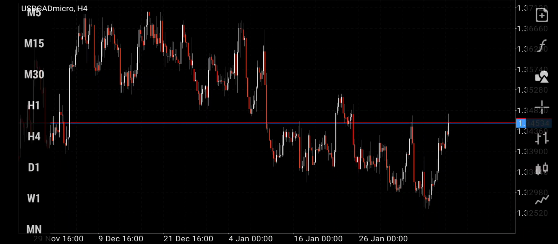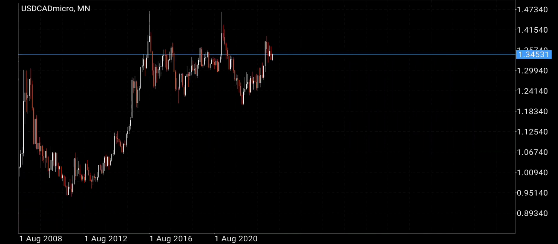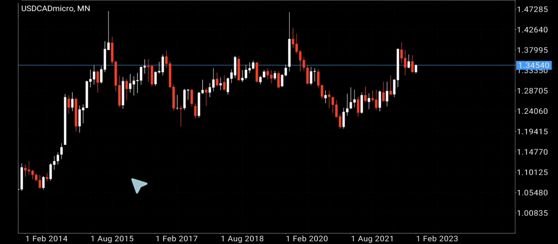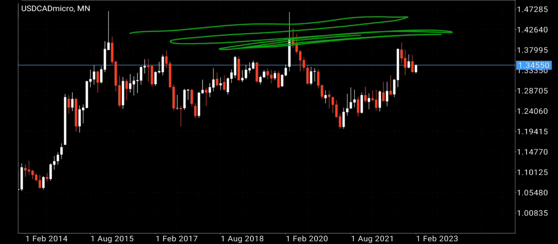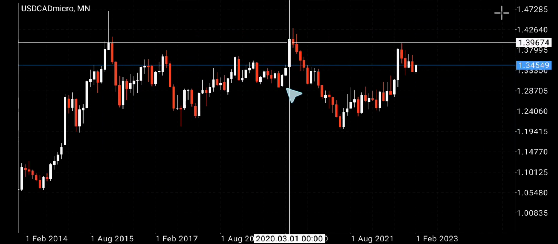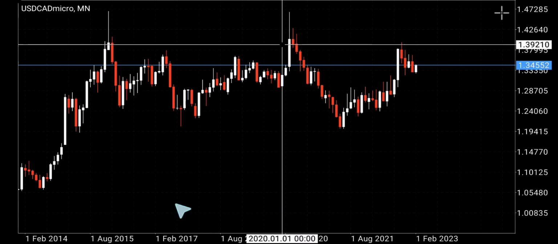So now that I've removed the drawings, let's start from scratch and analyze it. This is our monthly chart. On the monthly chart, we see that the price has touched that area of, I think it has touched it or missed it. Let's see. Yes, we touched it. We have touched the area of resistance there, and now we are dropping.